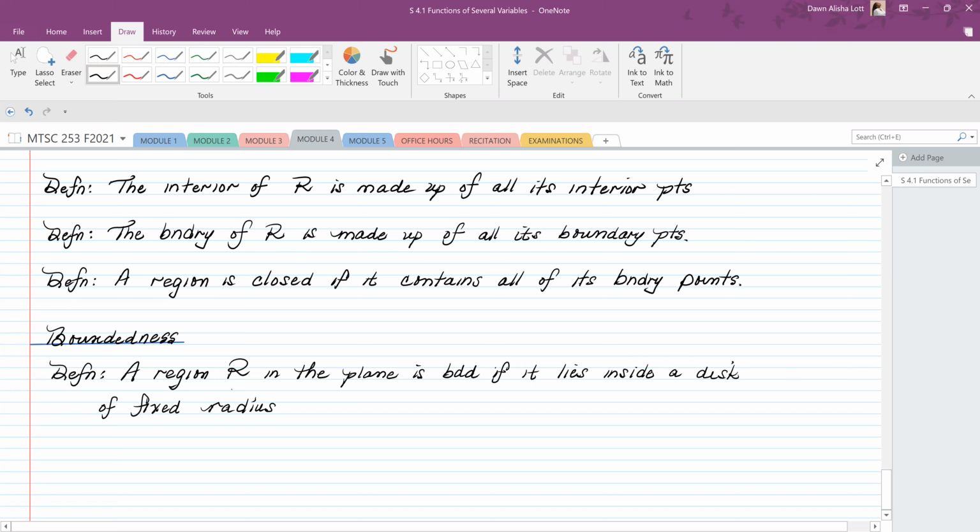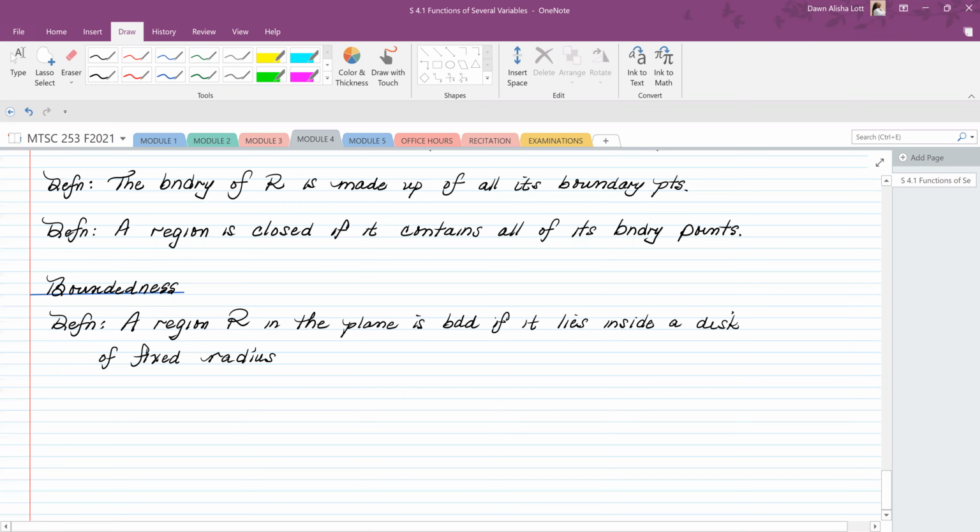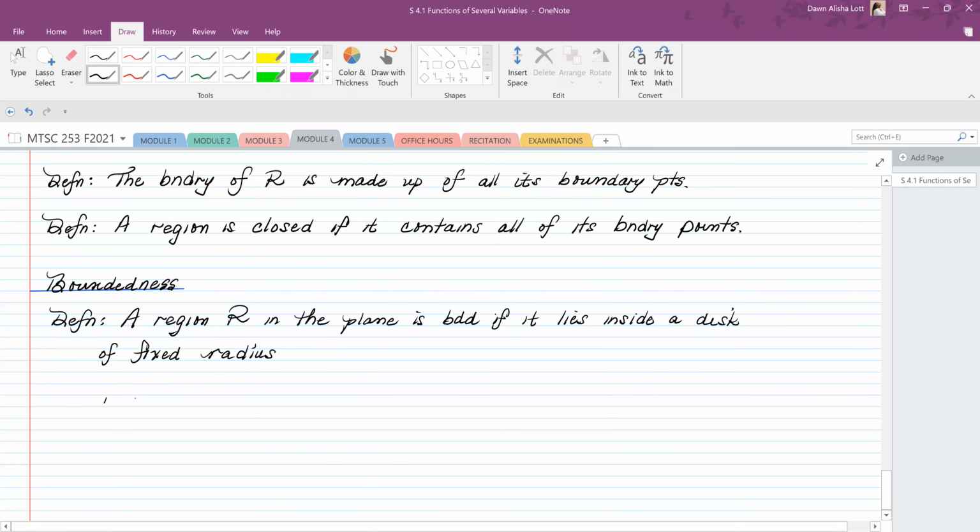So if you have a region and you can draw a circle around it, then that region is bounded. And a region R in the plane is unbounded if it is not bounded. Okay.